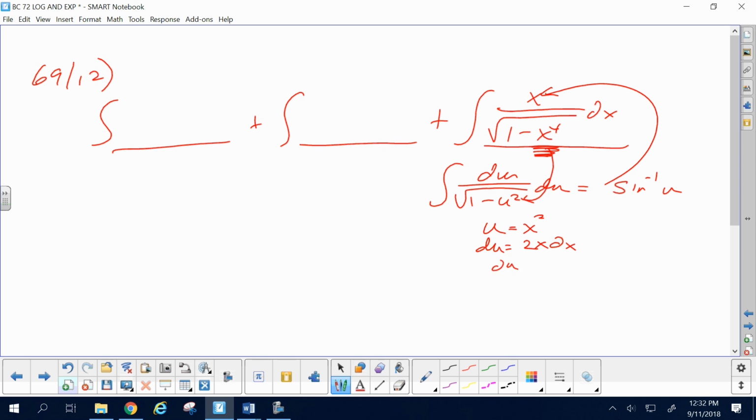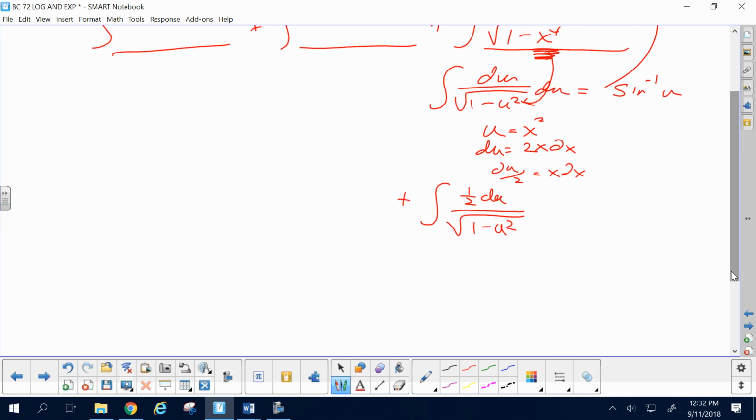If I substitute that way, then it becomes something like 1/2 du, and you can move that 1/2 out front, then 1 minus u squared. So that's the way to go. You get something like 1/2 of arc sine of u, which if you sub back is x squared. Does that make sense? Yeah.